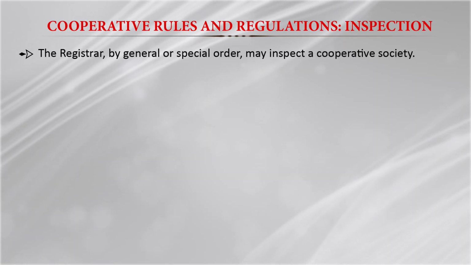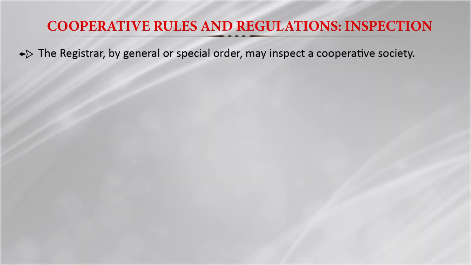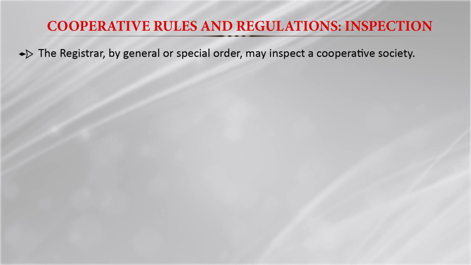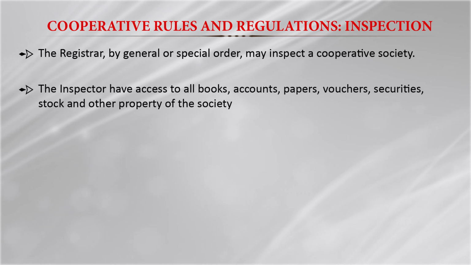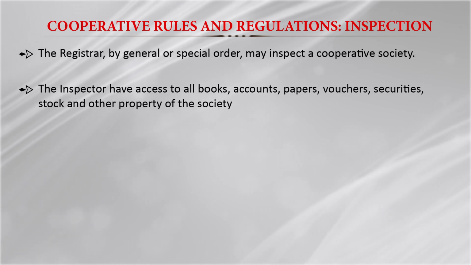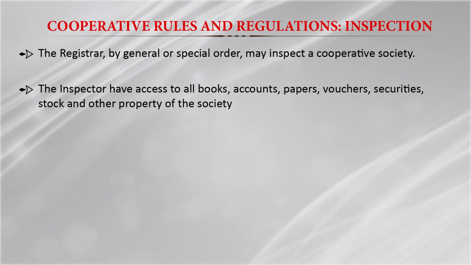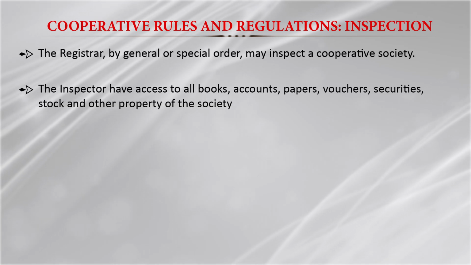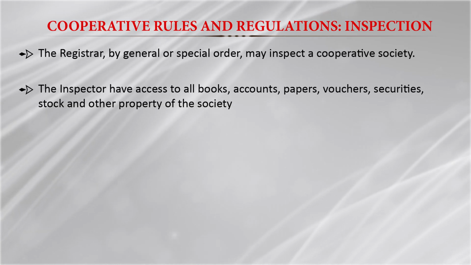Another important activity of the registrar of the cooperative is the inspection. So the registrar, by general or special order, can inspect a cooperative society, and the inspectors who have been appointed for this purpose have access to all books, accounts, papers, vouchers, security, stock, and other property of the society.